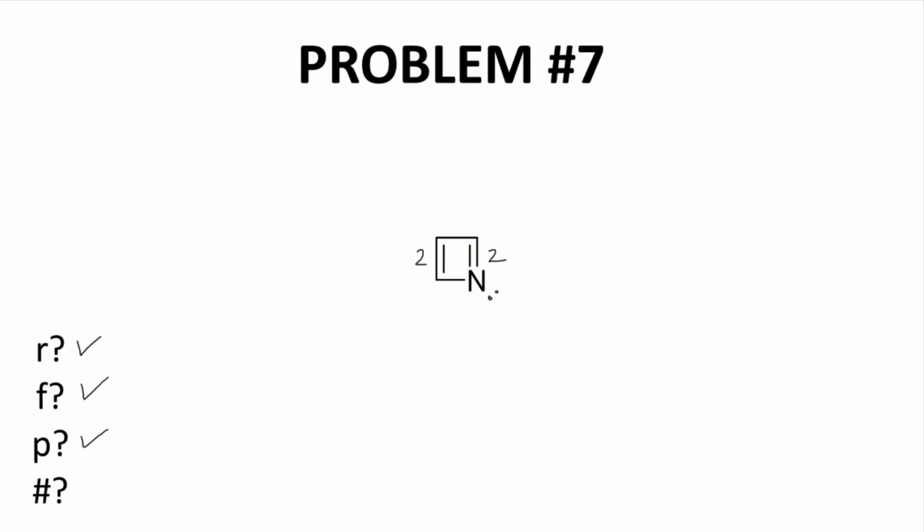Therefore, we can't count it. In total, we only have 4 electrons, and if we put that into 4n plus 2, we get, what do we get? Is that a 1.5? No, that's n equals 0.5, which is not an integral number. That is not a solution. Therefore, no, this is not an aromatic ring.